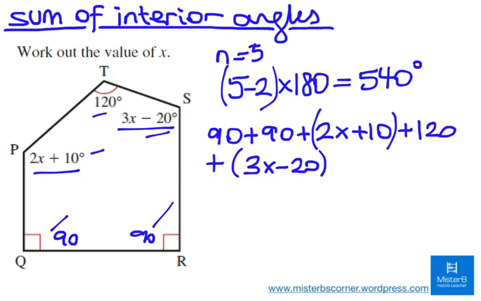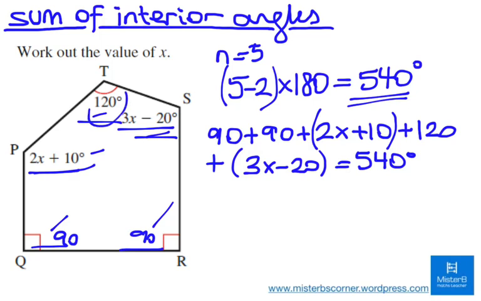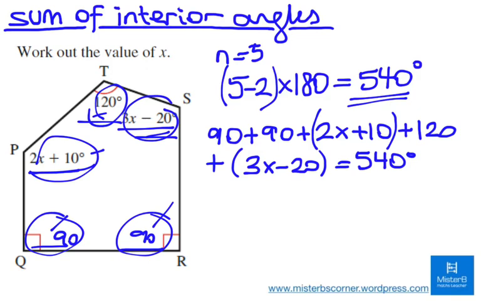These 5 angles must add up to 540 degrees, because that's what I found from the sum of interior angles. When you add all 5 of these numbers and expressions, you must end up with the sum of interior angles, because these are the interior angles, right?